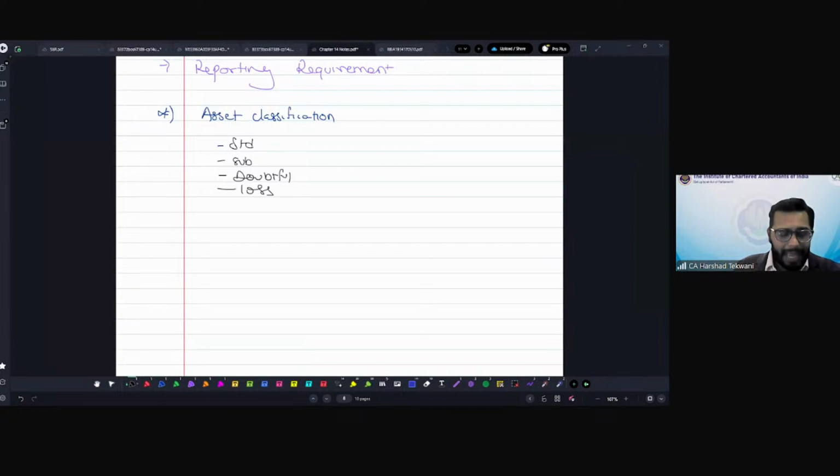So NPA less than 12 months is a substandard asset. NPA more than 12 months is a doubtful asset. And loss asset, the way it was there, identified by the external or internal auditor, the same it is over here. And the rest remaining is your standard asset.